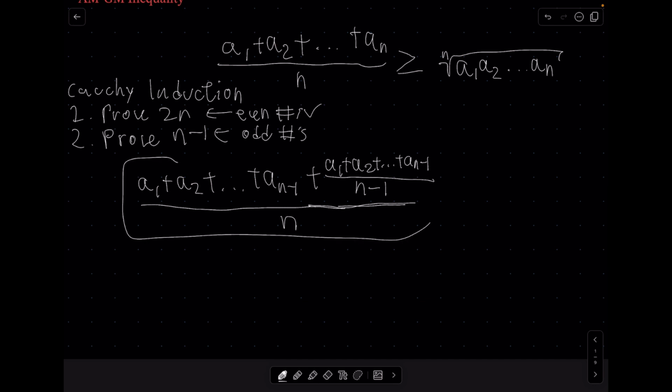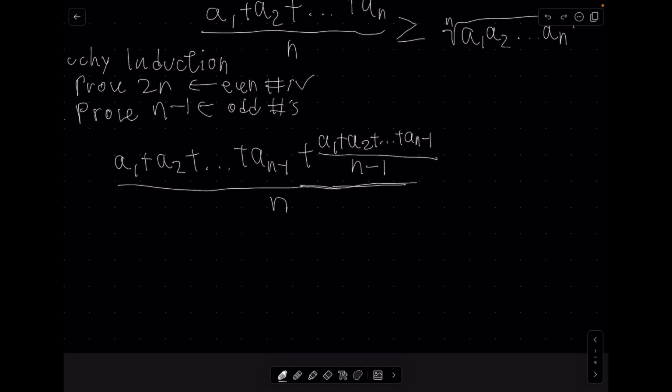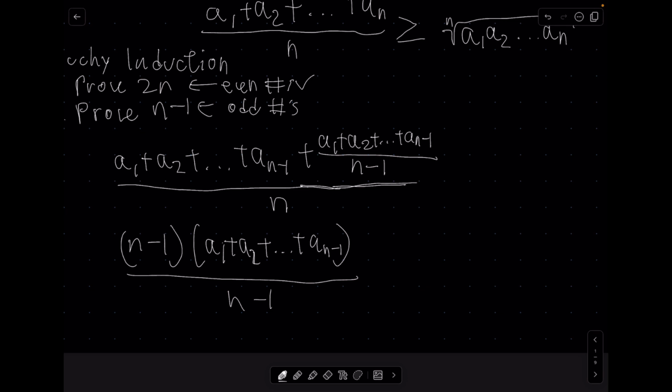So there are n terms here, right? And this is all going to simplify very nicely, because if we make a common denominator, we're going to get n minus 1 times the sum a1 plus a2 through an minus 1 again, over n minus 1. But you'll notice here we also have a1 plus a2 through an minus 1, so this is going to cancel and turn into n.